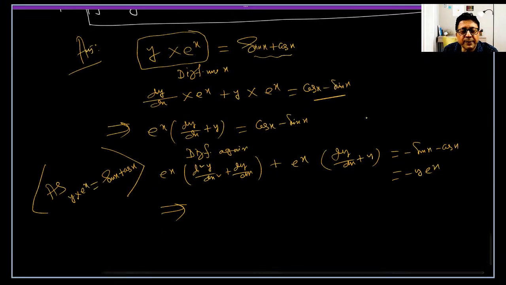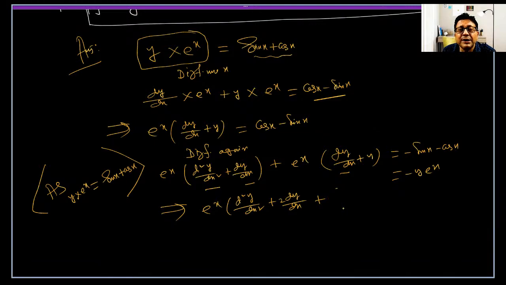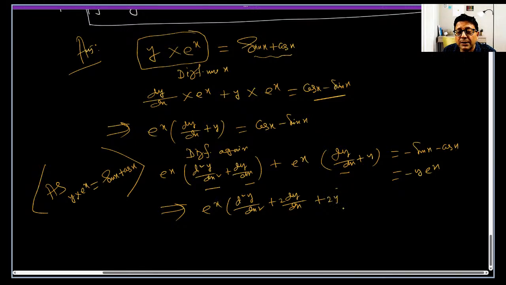So there it will be e to the power x, this plus this will be common, 2 dy by dx plus y, and this also when you take on the left side, e to the power x will be there, so plus 2y equal to 0.